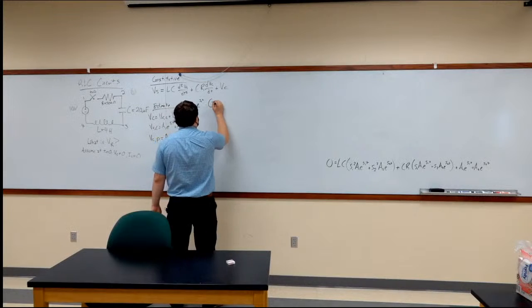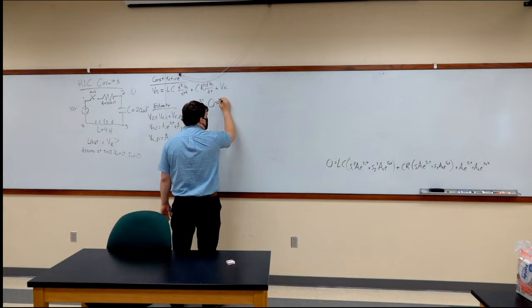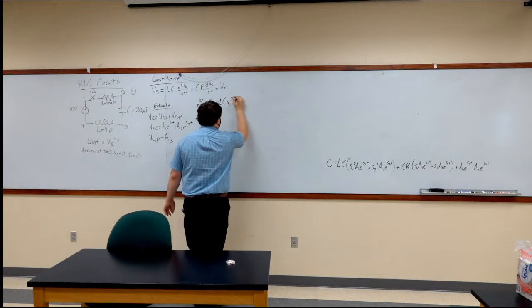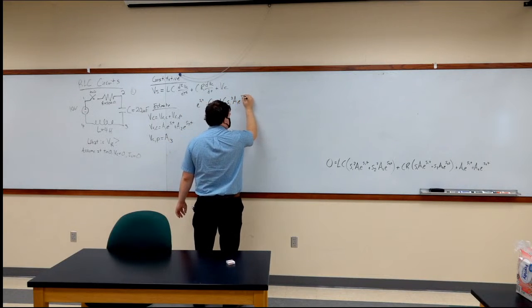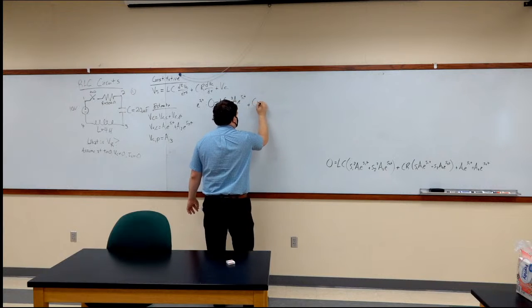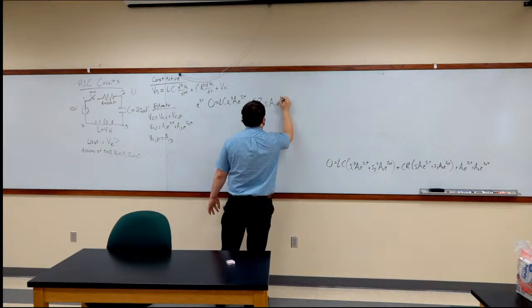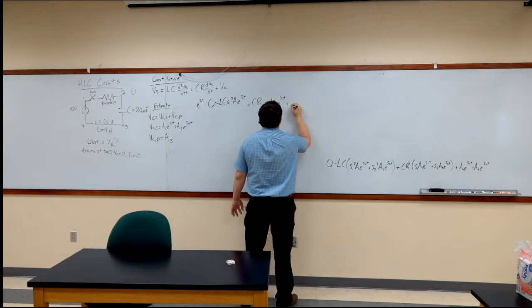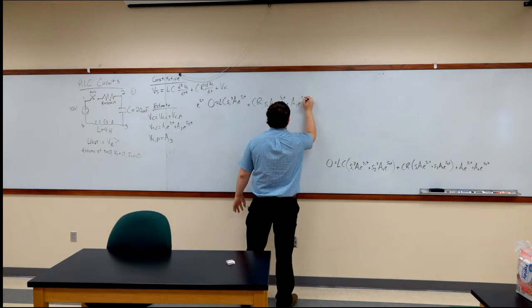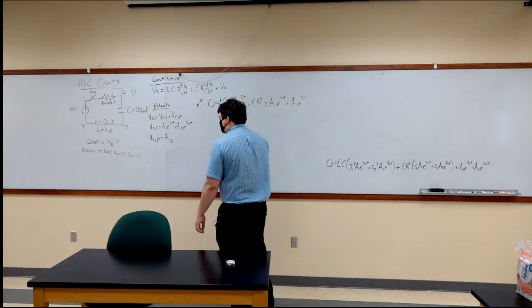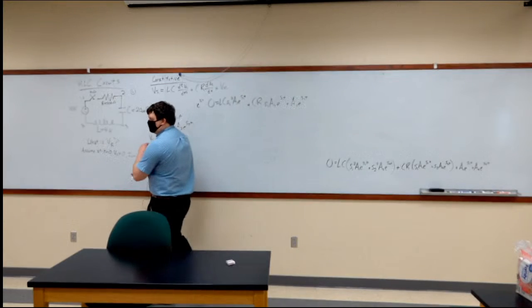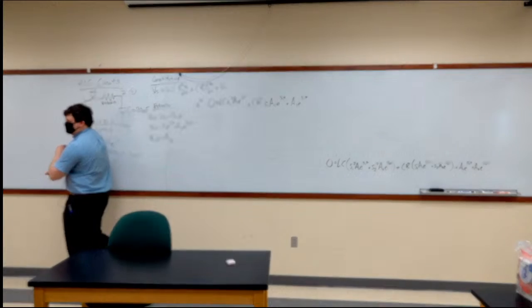So I've got 0 is equal to LC s1 squared a1 e to the s1t plus CR s1 a1 e to the s1t plus a1 e to the s1t. That is half of the equation.